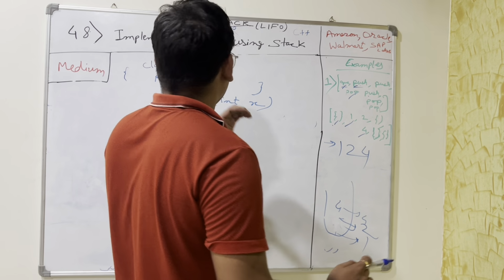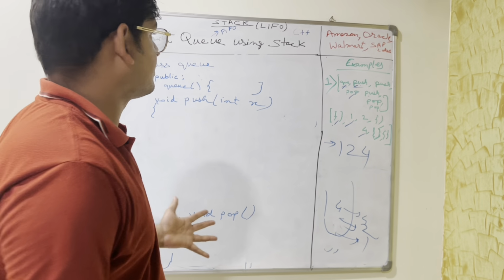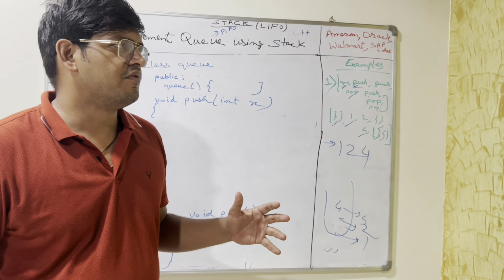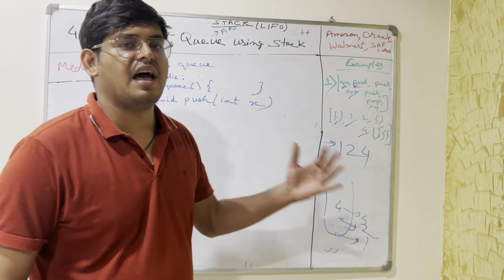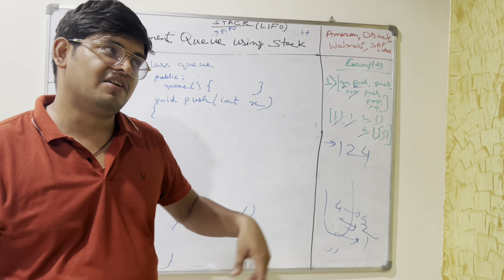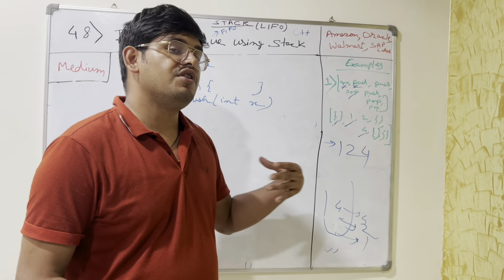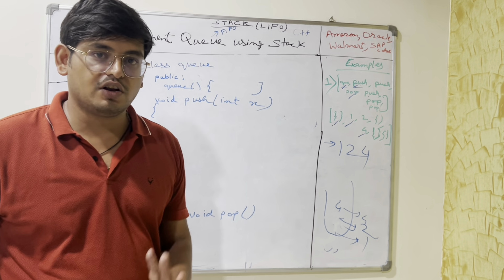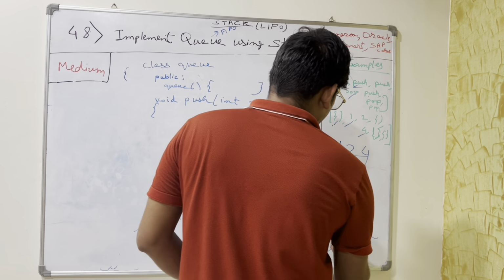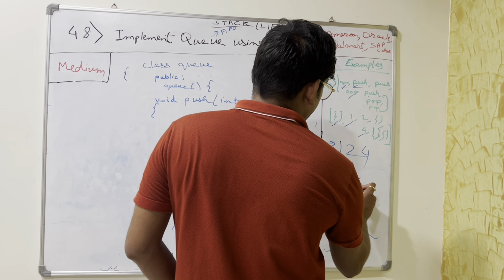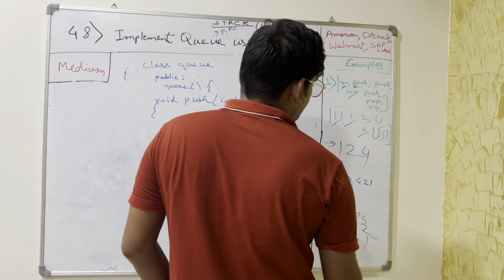So how do we implement queue using stack? Stack will reverse the order. So if we reverse what is there in the stack again, then we get the original order. Here 1 to 4, when it is pushed in the stack, gives us 4 to 1.